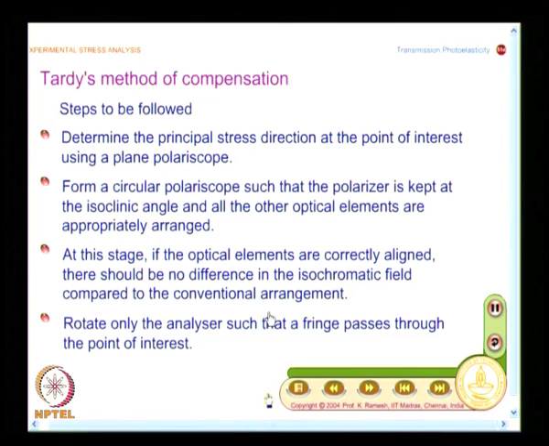This is a check, because when you have a polariscope where you have to rotate each of the optical elements, they have to be rotated carefully, maintaining the parity between the individual elements, because we want a polarizer and quarter wave plate separated by 45 degrees, and you need to have the slow axis at 135 from the horizontal, appropriately with respect to the basic isoclinic angle.